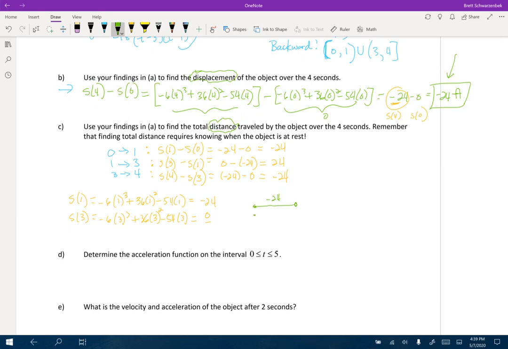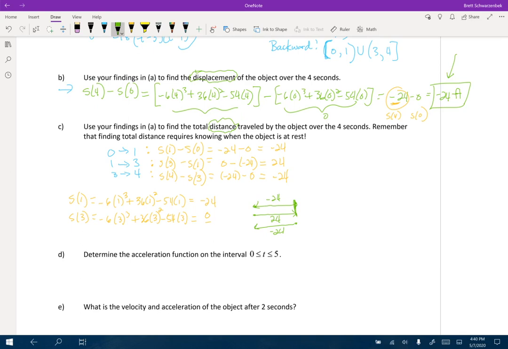Then from there, I go back to positive 24, and where am I? I'm at my original position. From there, I go again negative 24, which is backwards to this spot. So in the end, if I was to do displacement, I would be at negative 24 essentially from my starting position. But I'm asking for total distance traveled.